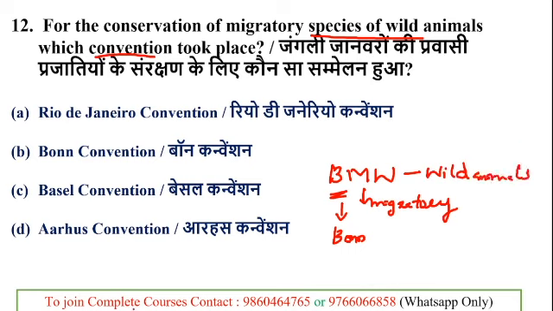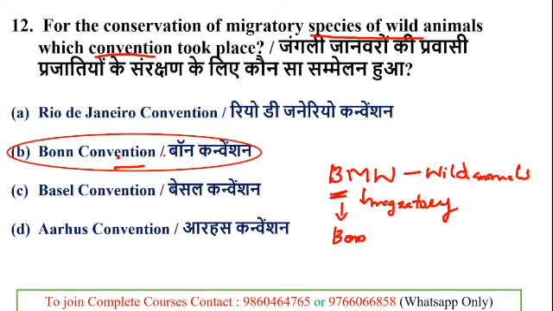So one of the main conventions related with the migratory species of wild animals is the Bonn Convention. Clear. The others you may know are the Basel Convention and the Rio de Janeiro Convention. The Bonn Convention is the one related with the protection of migratory species and migratory wild animals.